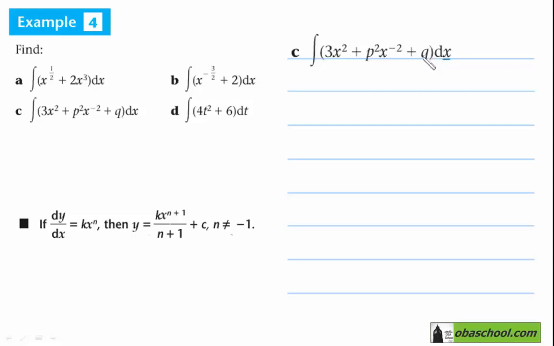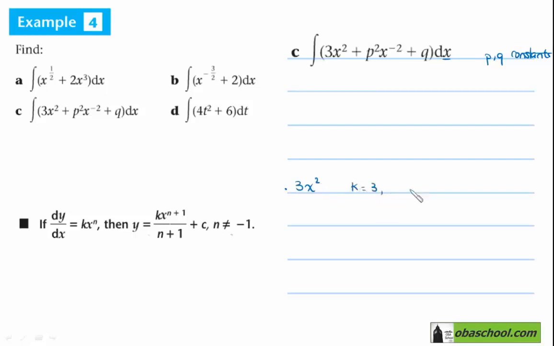In this case, the other variables are treated as constants. Then p and q are treated as constant values. We only integrate with respect to x. So let's start now integrating this expression and do it term by term.